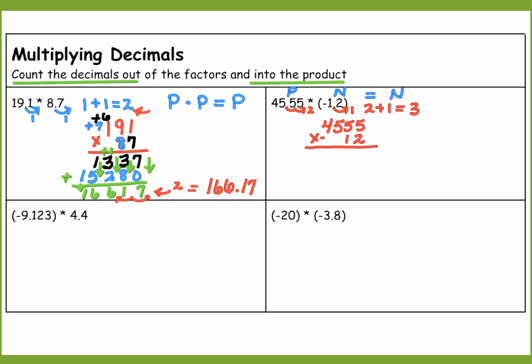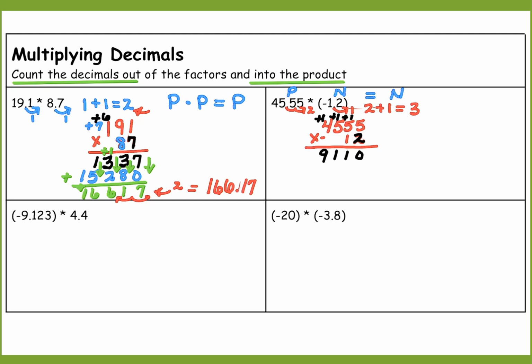So let's work through these problems, and let's start with this 2 here. 2 times 5 is 10, carry the 1. 2 times 5 is 10 plus 1, which is 11, carry the 1. 2 times 5 is 10 plus 1, which is 11, carry the 1, plus 1. 2 times 4 is 8, plus 1 is 9.